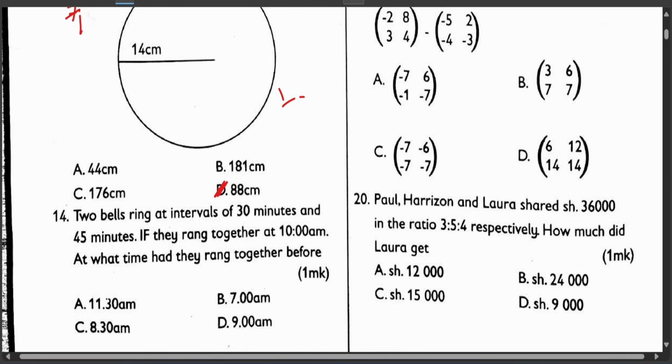So 30 and 45. Tutafuta sasa LCM yake. Ukipata maswali kama haya obviously ni LCM. Haina haja ya kufikiria sana. So divide by 2, 15, 45. Wezi divide by 2 tena. So divide by 3, 5, 15.